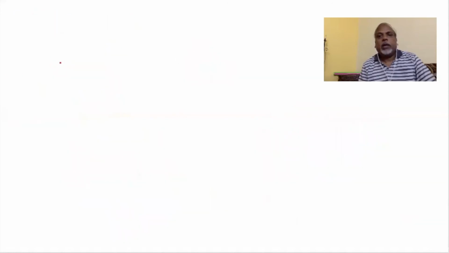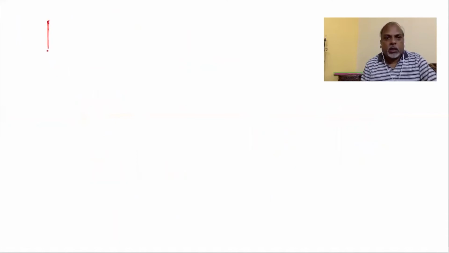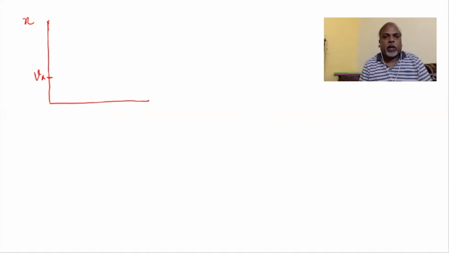Now, in NCERT, actually one question is graphically also they have explained like that. Suppose this is VA, this is X, correct?